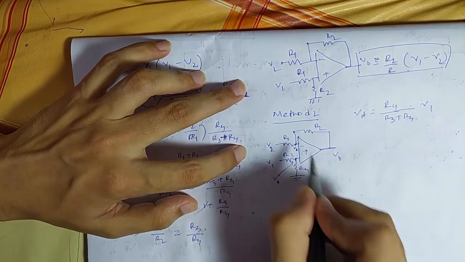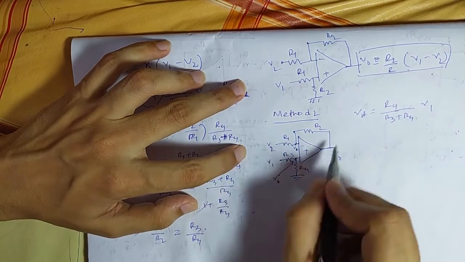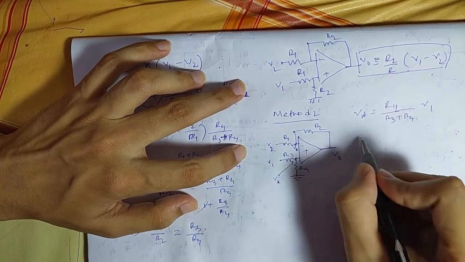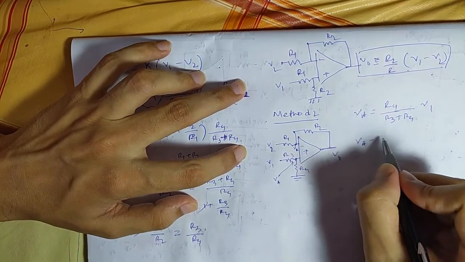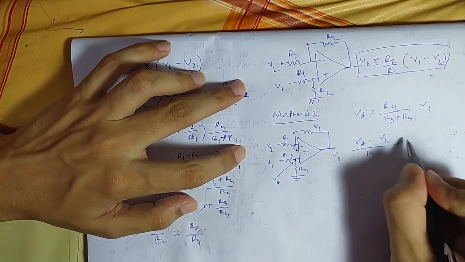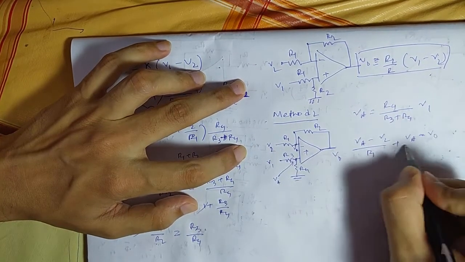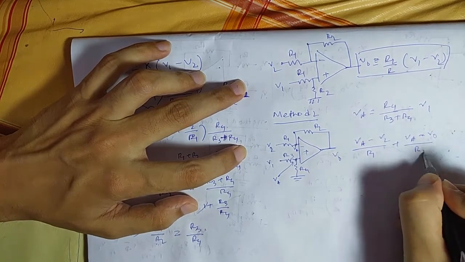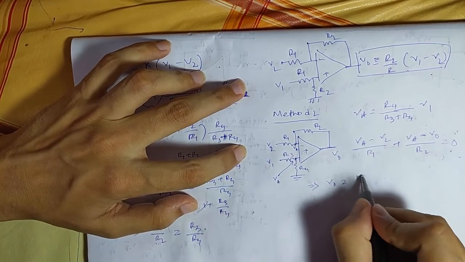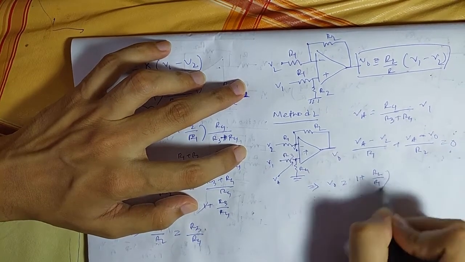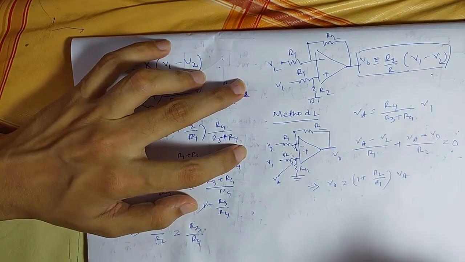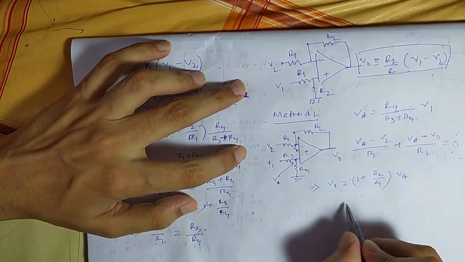If I use KCL at the inverting terminal, you can write VA minus V2 by R1, that is the current through R1, plus VA minus V0 by R2 equals 0, or you can write V0 is equal to 1 plus R2 by R1 times VA. So that is similar to the non-inverting amplifier.